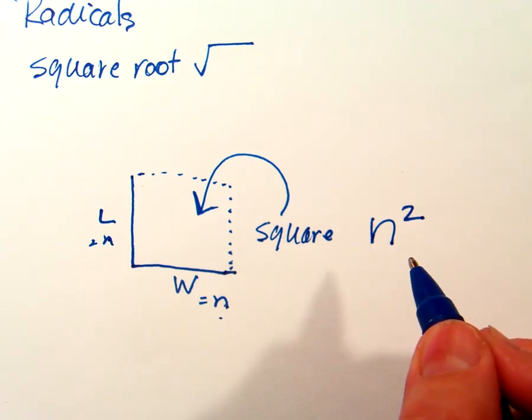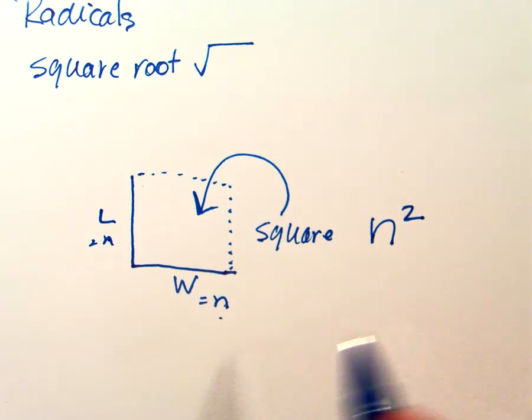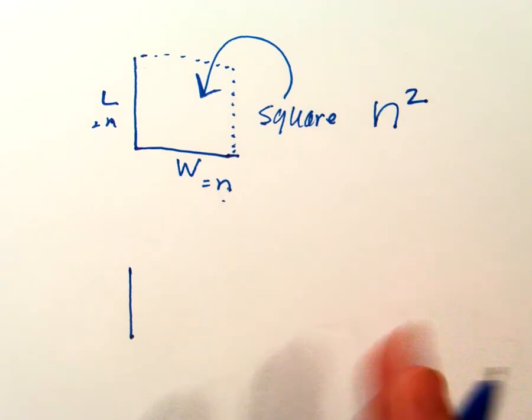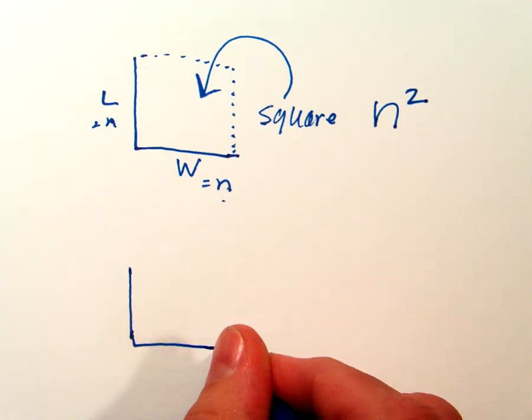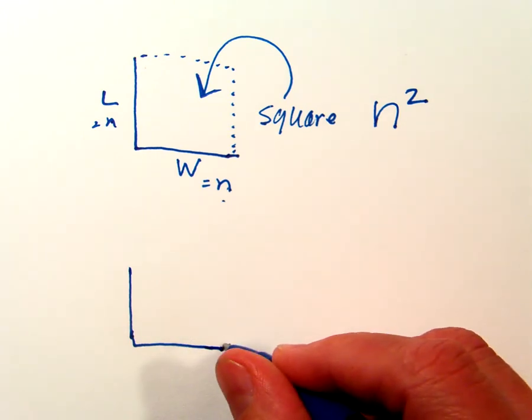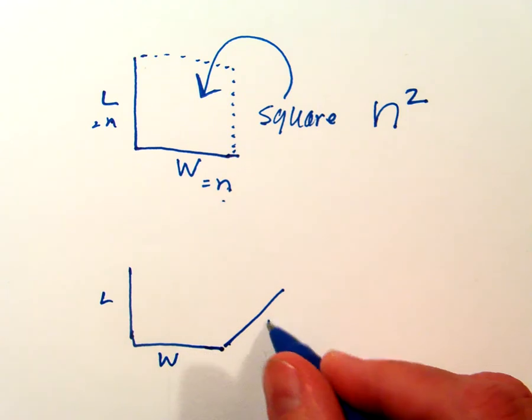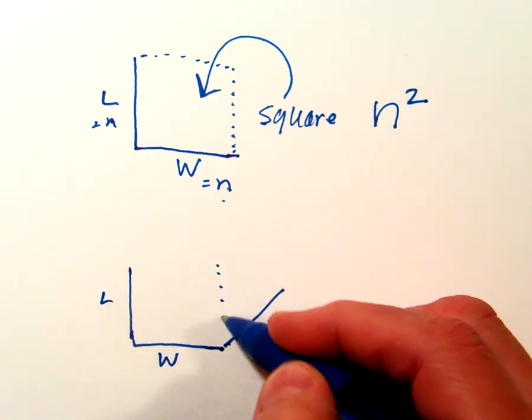Well, don't I remember there being another special one for the 3 or something? Yes, there is. So if we have length times width times depth, we're thinking in 3 dimensions here.